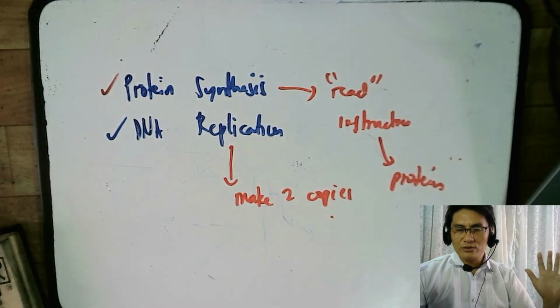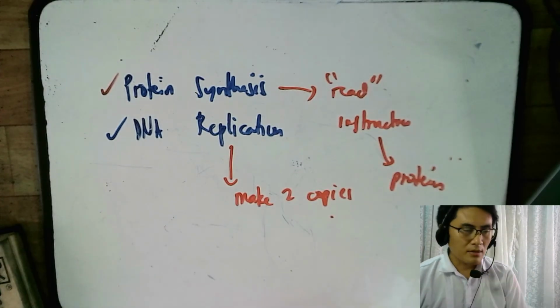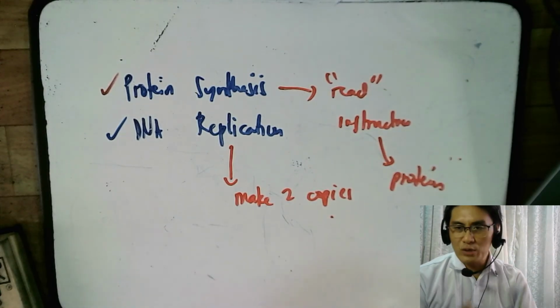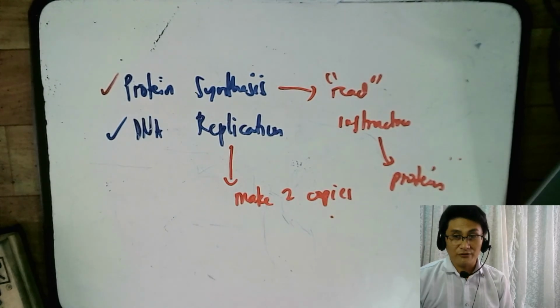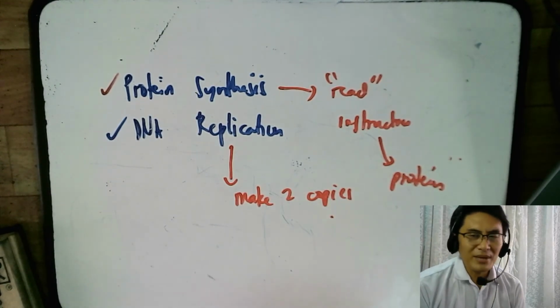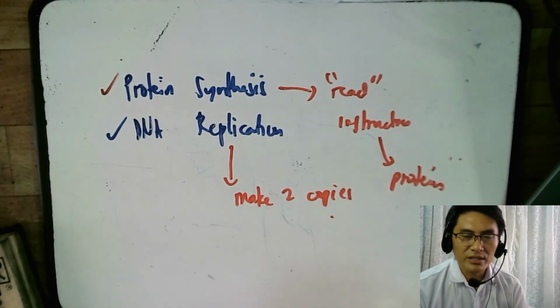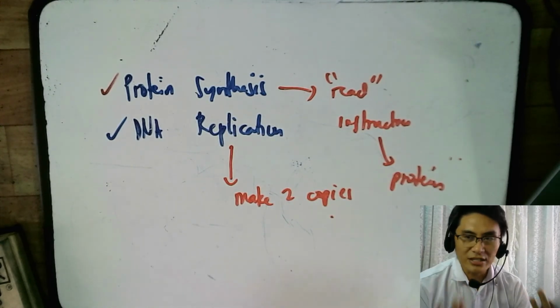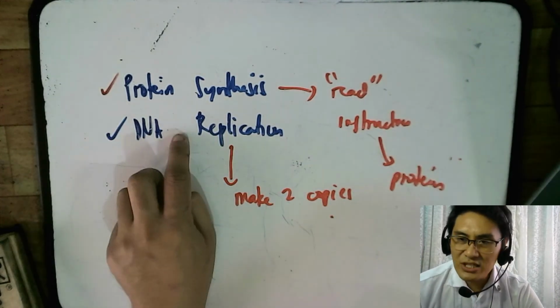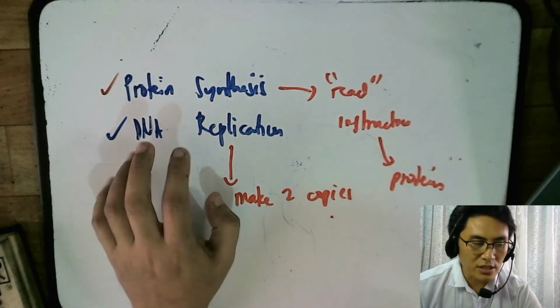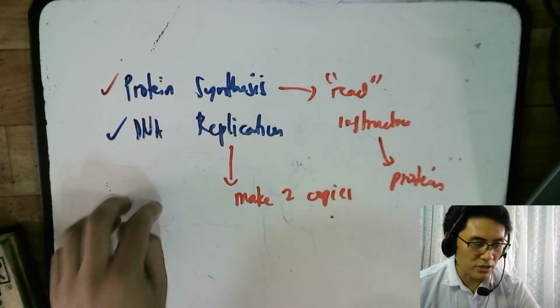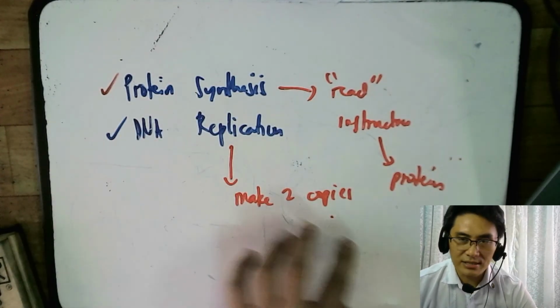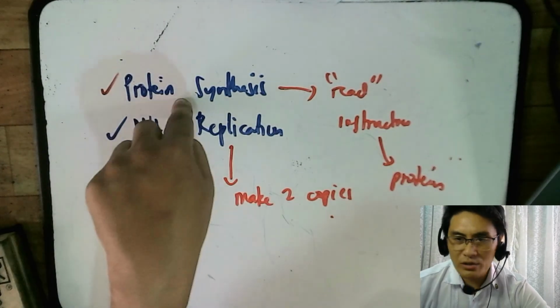So I hope this gives you kind of a story. Again, I'm using analogies, and sometimes analogies fail at some point. But I believe that creating stories or analogies like this actually makes it easier to understand. So for replication, you're making two copies because you will be dividing the cell, and each daughter cell must have a single copy. In protein synthesis, you're not doing that.